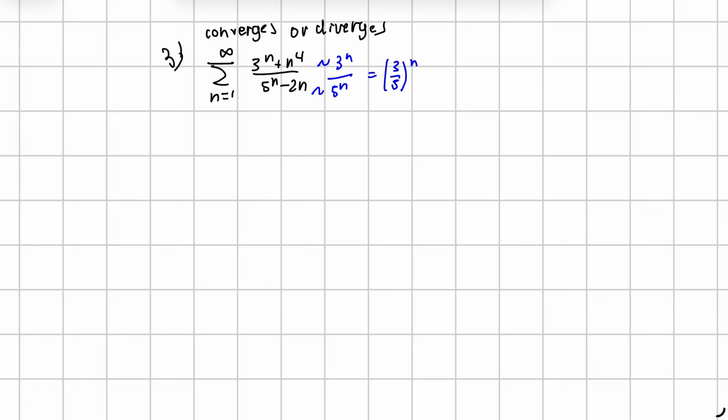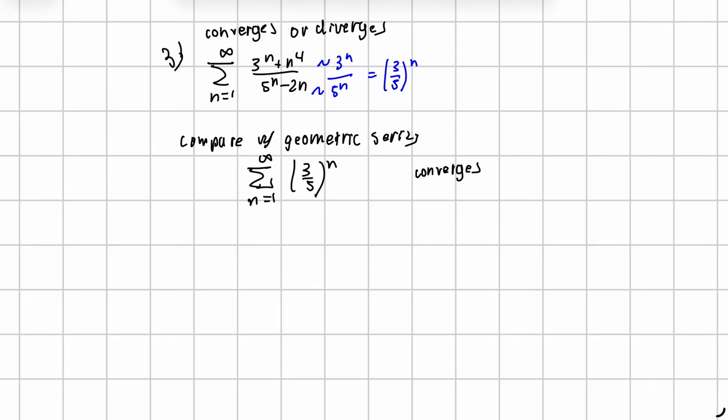So we can compare this with this geometric series, which is the summation from n is equal to 1 to infinity of (3 over 5) to the power of n. So this is going to converge, because 3 over 5 is less than 1.